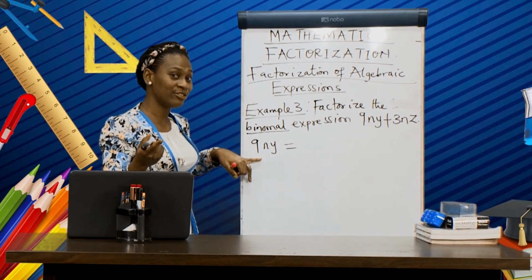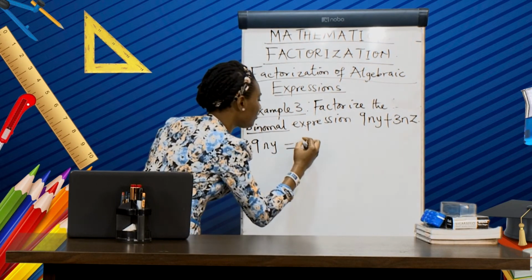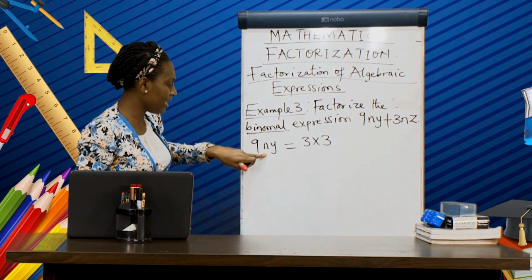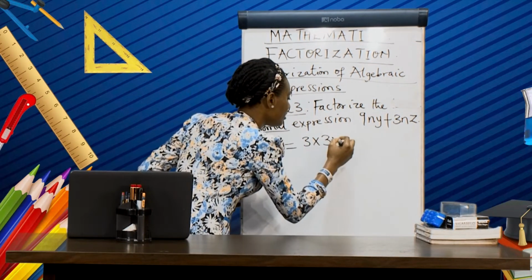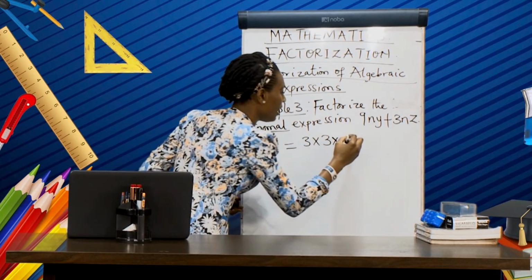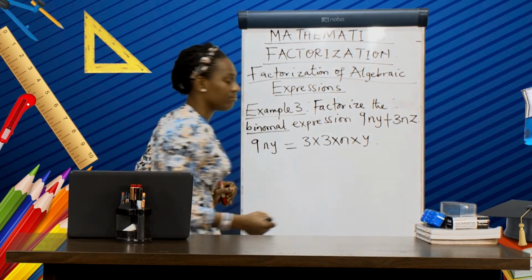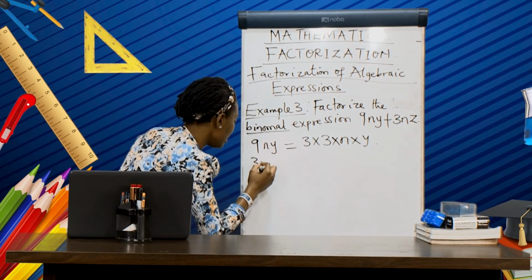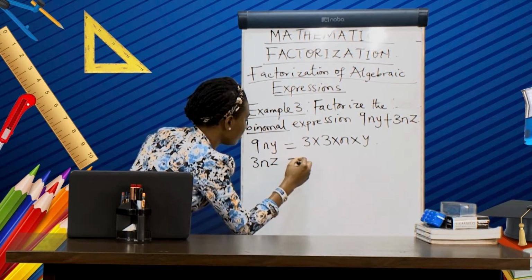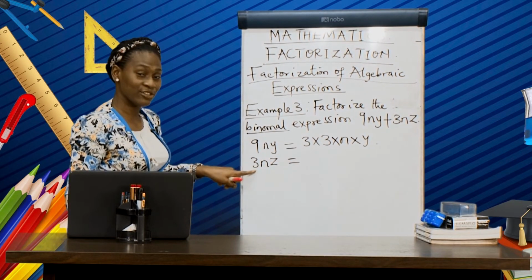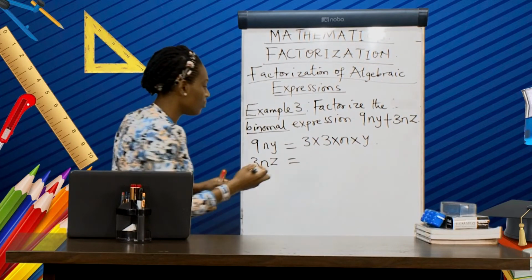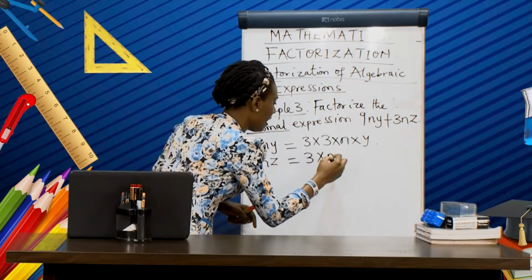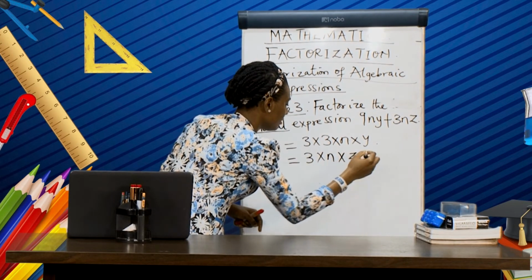Yes, I believe you said 3 times 3. Good. So we have 3 times 3. Then we have n times y. The next term is 3nz. So 3 is already a prime number, so we write it out. 3 times n times z.